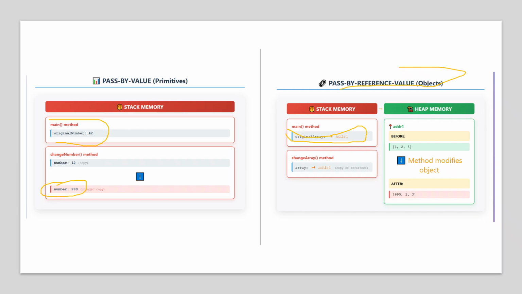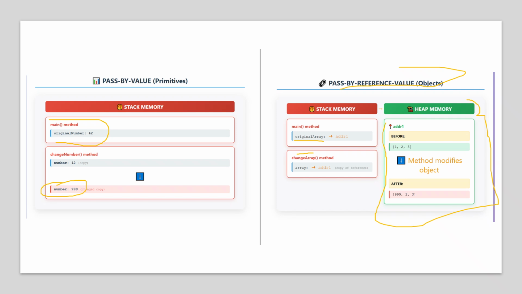Changes are made in our method, and this original array has been passed. This one right here has been passed in this change array method. Because they are both pointing, this is the whole address 1. Let's say this is the portion of address 1 in our heap.